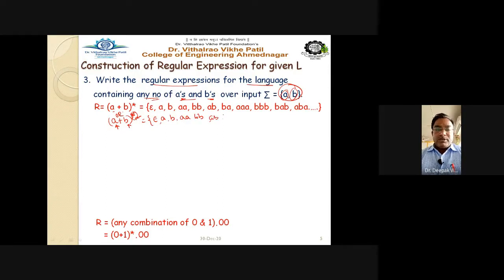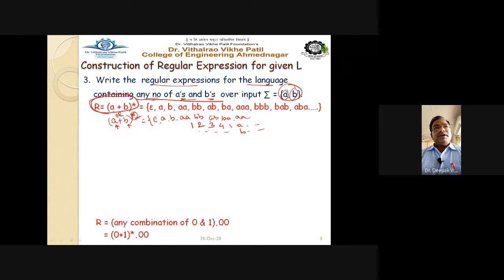This is also possible. Or it may contain ba, or it may contain triple a. So any combination, any number of a means there may be 1a, there may be 2a, 3a, 4a, 5a, number of a's, and 1, 2, 3, 4, 5 number of b's are possible with this regular expression.